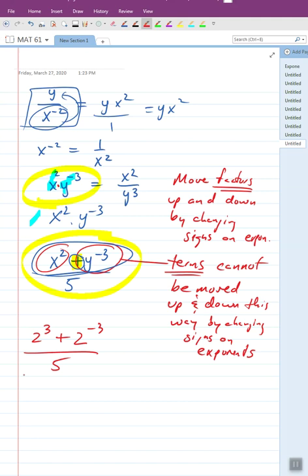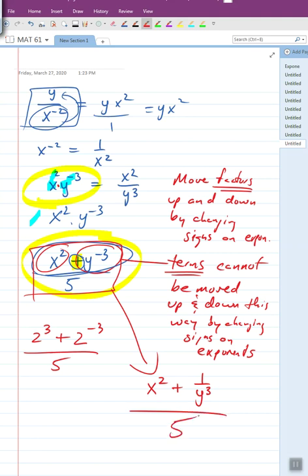That makes sense. Yeah, and for one like this, if I ask you, is this simplified? Well, for right now, what's the only thing you could do with this? You could write this. Does everybody agree with that one? I can't move this guy to the bottom of the big fraction because it's not a factor, it's a term. But on its own, can I change that y to the negative 3 to 1 over y cubed?